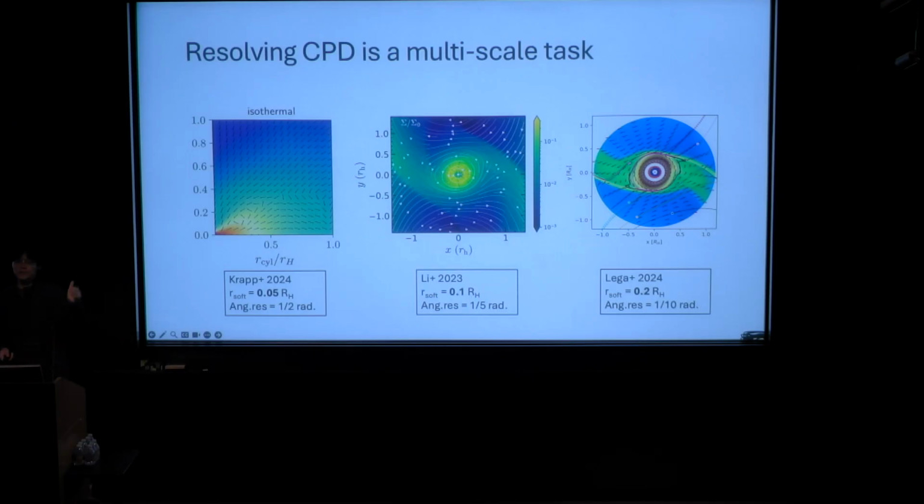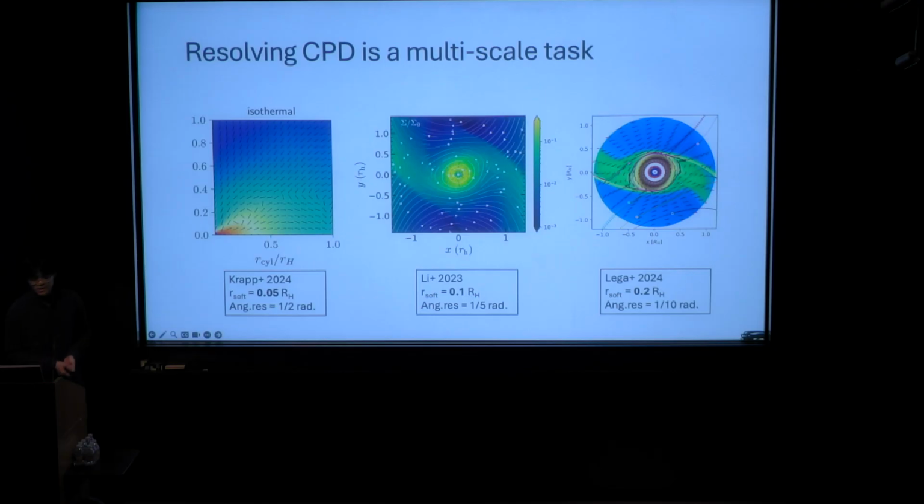Our Jupiter is at 5 AU, but the Jupiter radius is about 10,000 times smaller than that. When you include the small scales in hydro simulations, the big problem is that your time step becomes tiny and very expensive to run.